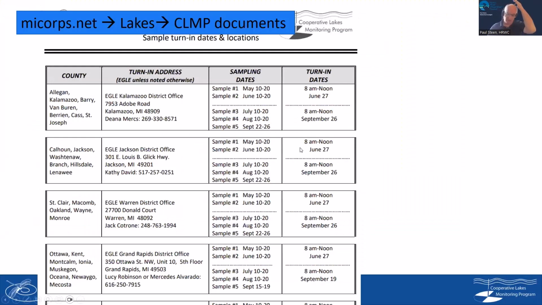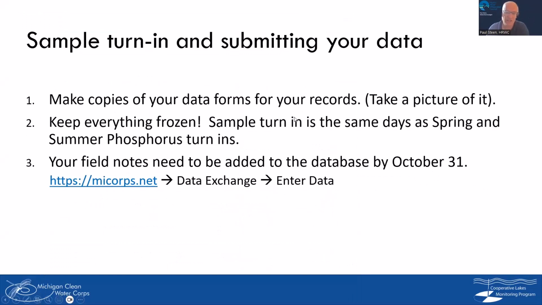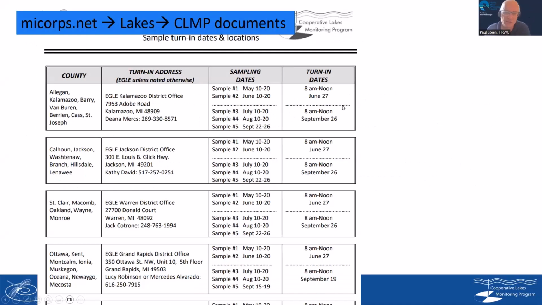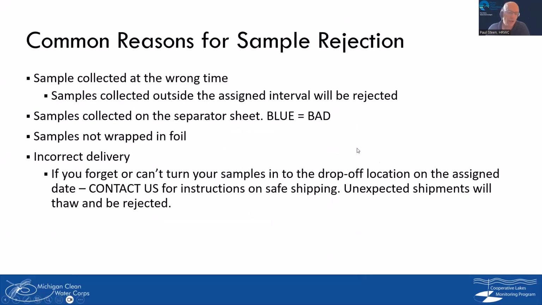Okay, just as a reminder that this exists, here are the turn-in dates for our samples for this year. Sometimes your samples get rejected, and it's important to know what these issues are so you can avoid them.